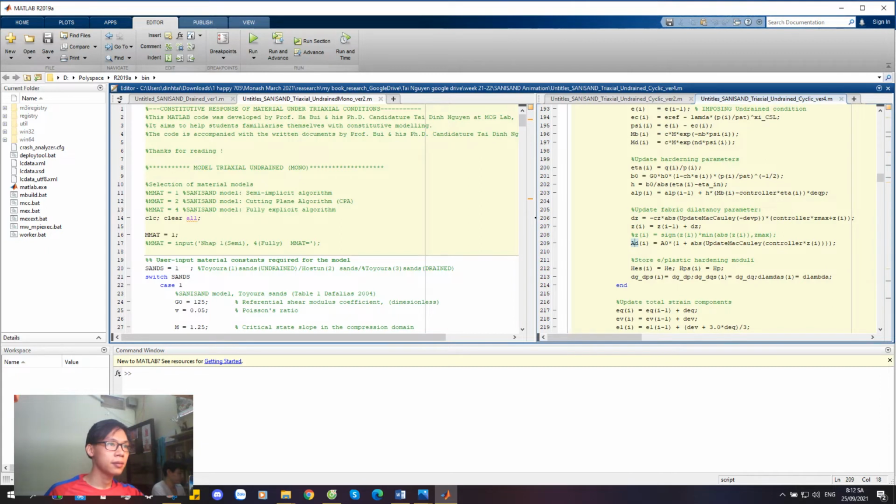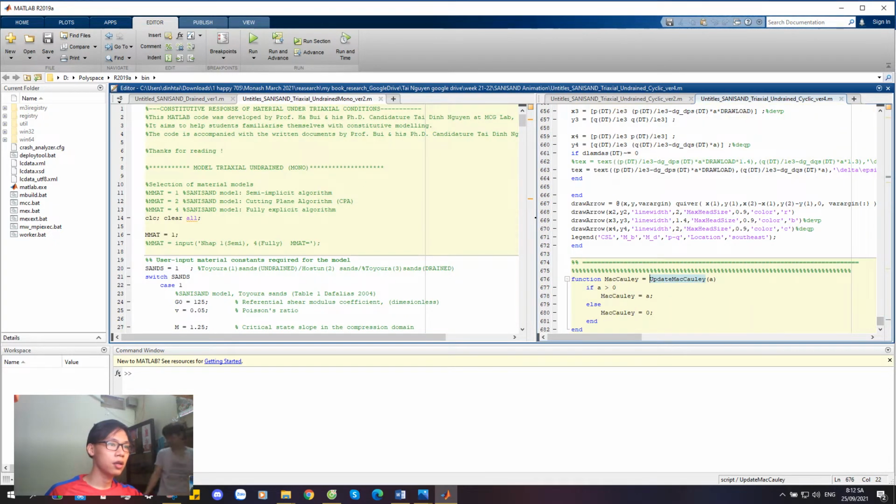With DZ, you can see we get all of the parameters. CZ, you can see over there, is 600, the parameter controlling the evolution of Z. We have the Macaulay bracket update like that: when it is positive it uses the value, and when it is equal to 0 or negative it is 0.